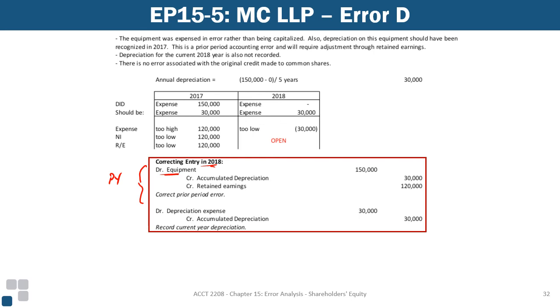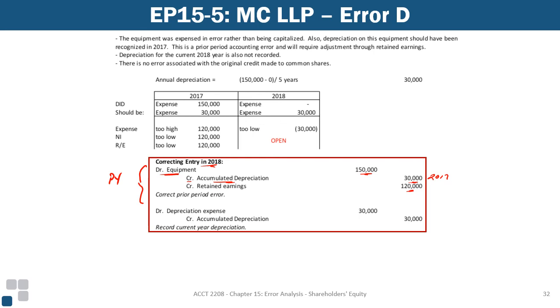So we need to set up and debit equipment for 150,000. Then we need to credit accumulated depreciation, right, for the first 30,000 for 2017. Remember, this is the 2017 depreciation expense. And we need then to credit retained earnings for 120,000, which was the combined error of incorrectly debiting repair and maintenance expense and forgetting to debit depreciation expense.